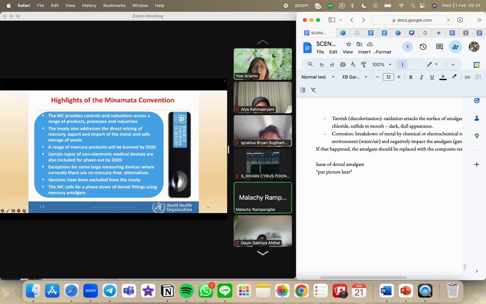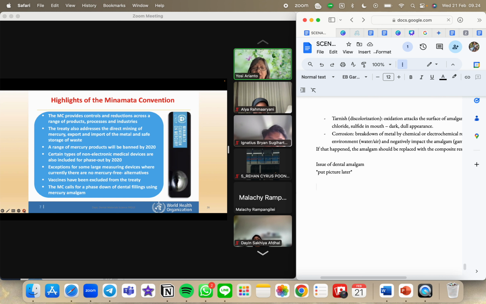This convention controls and reduces mercury across the range of products and processes. The treaty also addresses the direct mining of mercury, export and import of the metal, and safe storage of the waste.